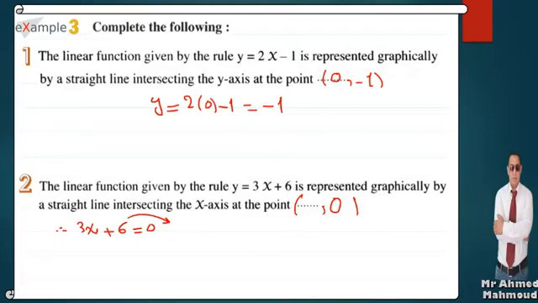Send 6 to be minus 6, then 3x equals negative 6. Send 3 to be divided by 3, then x equals negative 6 divided by 3 equals negative 2. Then the point will be negative 2 and 0.